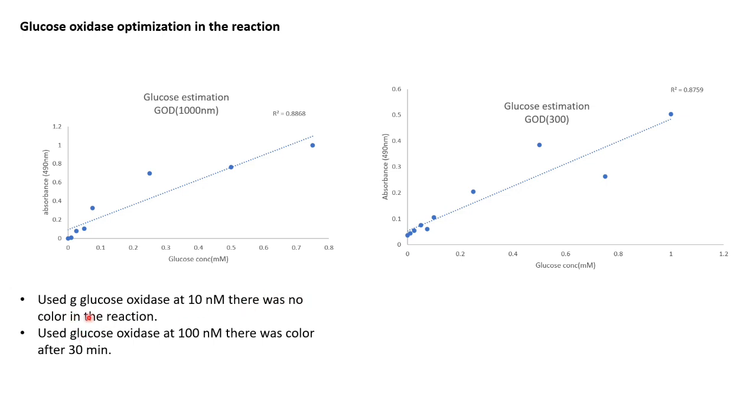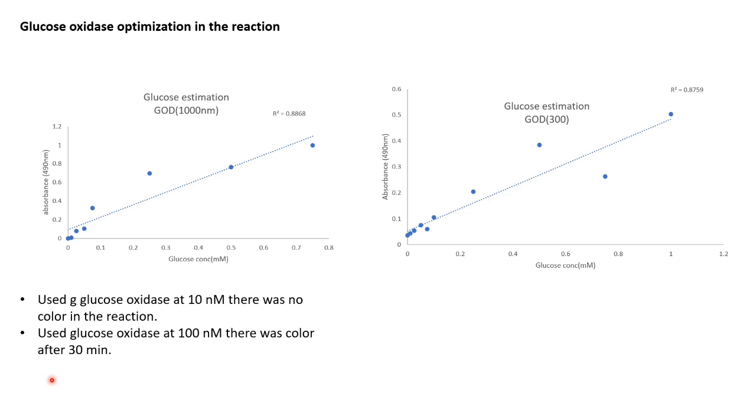At 100 nanomolar, there was color after 30 minutes. Therefore, 300 nanomolar is optimal, providing a better R square value in 10 minutes. Using a higher concentration of enzyme will decrease the time but will increase the cost of the product, which we want to decrease, because a farmer can wait a few minutes more but will not pay much.